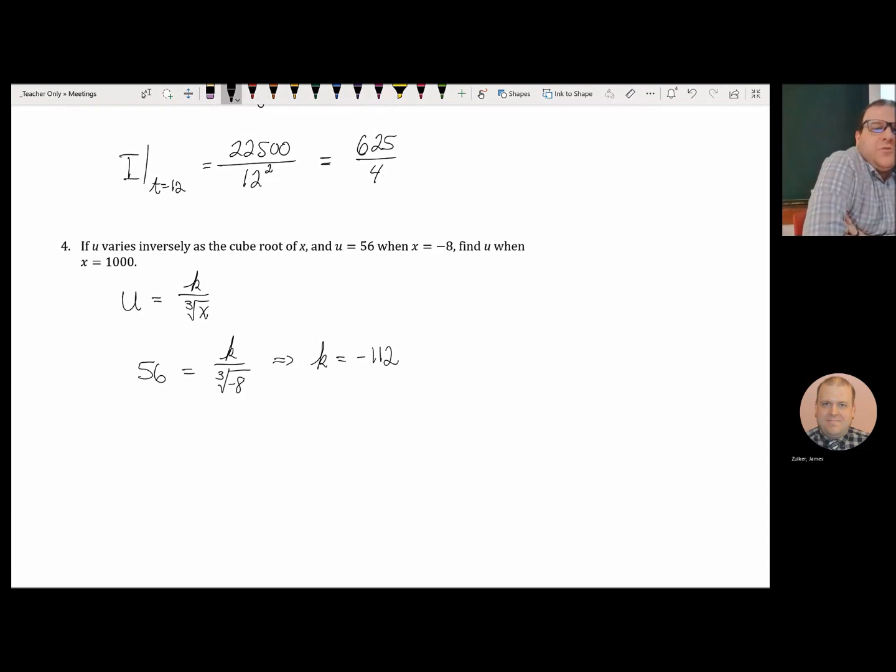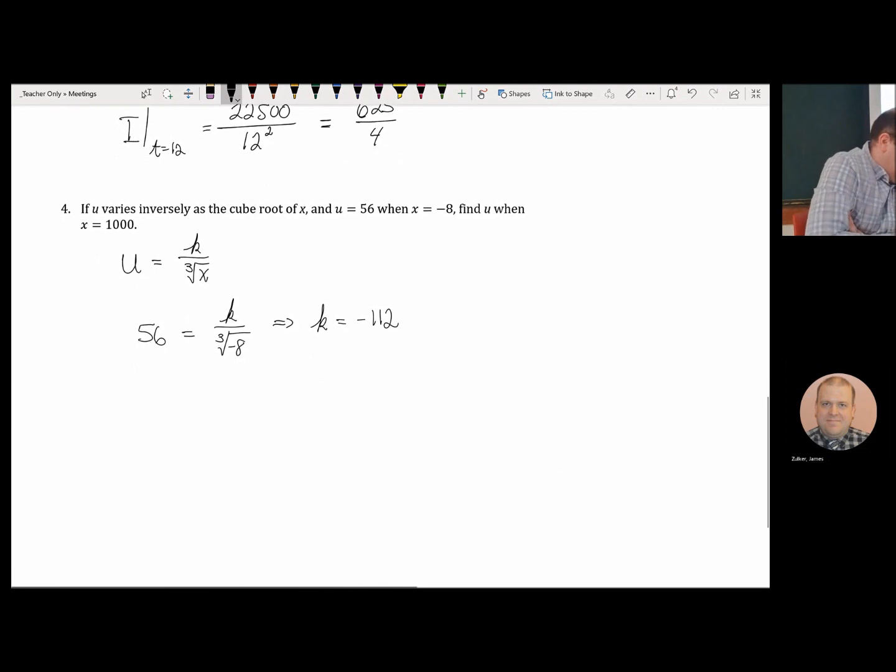That means that k is negative 112. And so our relation is u is negative 112 over cube root of x.